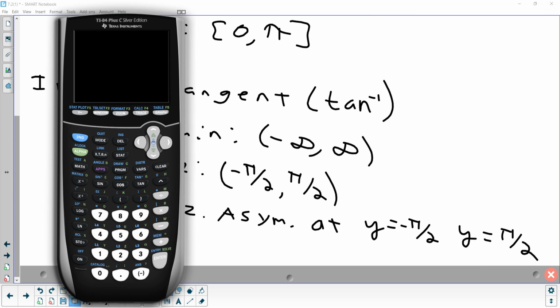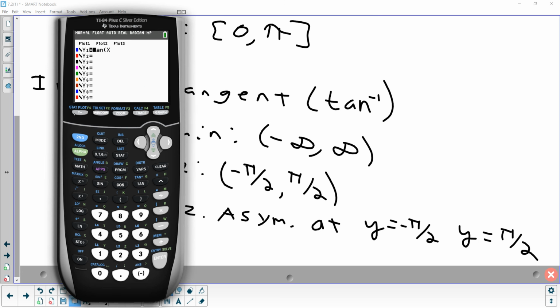Okay, so it looks a little different than inverse sine and cosine, so let's look at it. I'm going to set my window, well, since it goes left and right forever, negative 8 to 8, that's probably good enough. And then up and down, negative 4 to 4, I think that's fine. So there's your graph of inverse tangent.